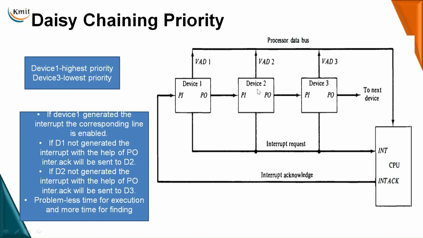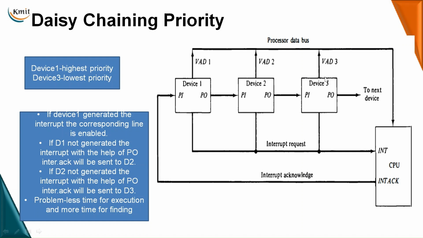Now, out of device 2 and device 3, the higher priority device is device 2. Device 2 will place its vector address onto the processor data bus, and it will block the acknowledgement for the next device by placing a 0 onto PO.